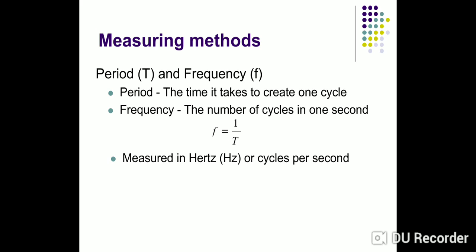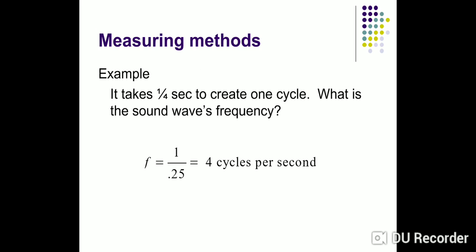The mathematical formula is f is equal to 1 divided by T. Therefore, frequency is defined as the reciprocal of the time period. Frequency is measured in hertz or cycles per second.